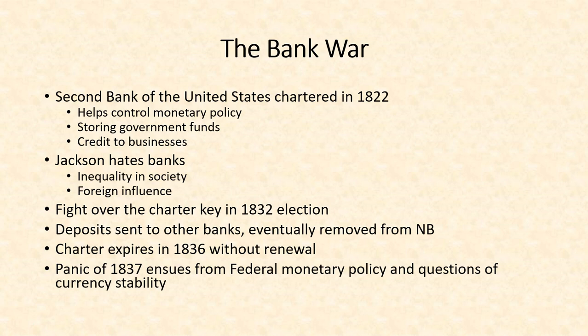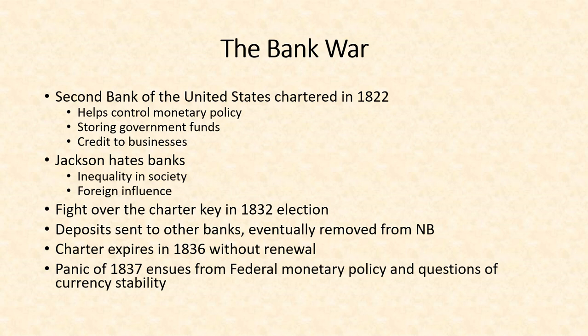And eventually, as time goes by, the deposits in the national bank are expended, they disappear, the money has been placed in other banks, and when the time to charter the bank comes about and it is not renewed, we have the de facto end of the Second Bank of the United States as a means of acting as an economic policy engine, and everything that goes hand in hand with that.